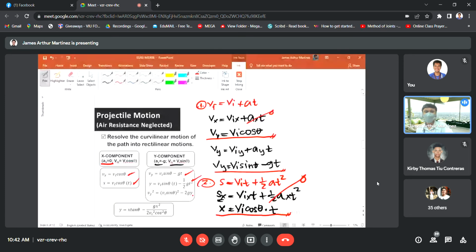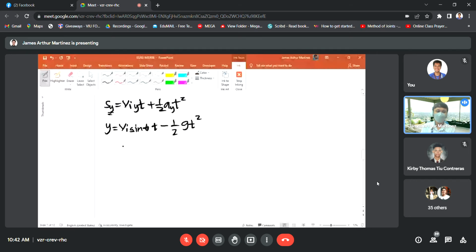Okay? Now, for the last equation of rectilinear motion with constant acceleration, it is final velocity squared is equal to initial velocity squared plus 2as. So, if kuhaan na nato siya og x and y component, you'll have Vx squared is equal to Vix squared plus 2axsx.